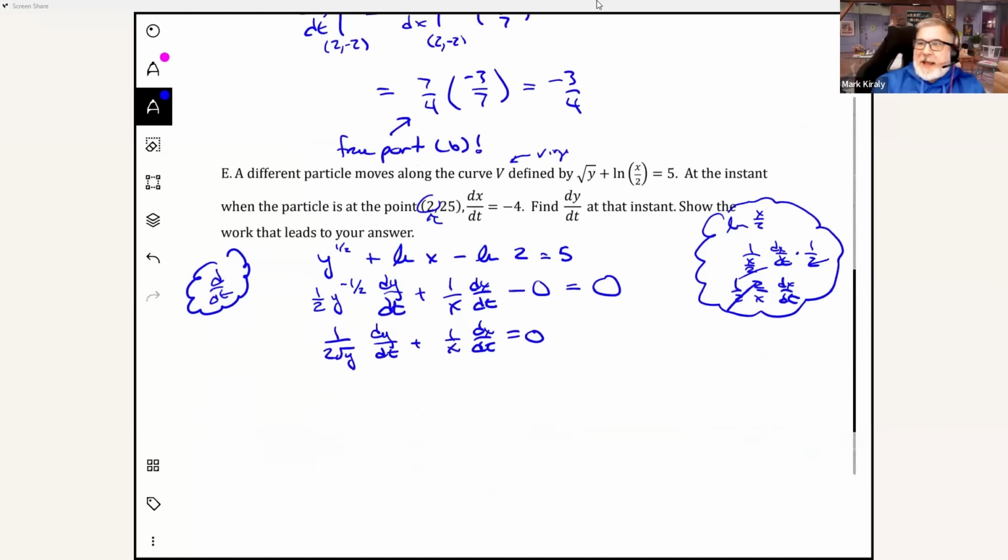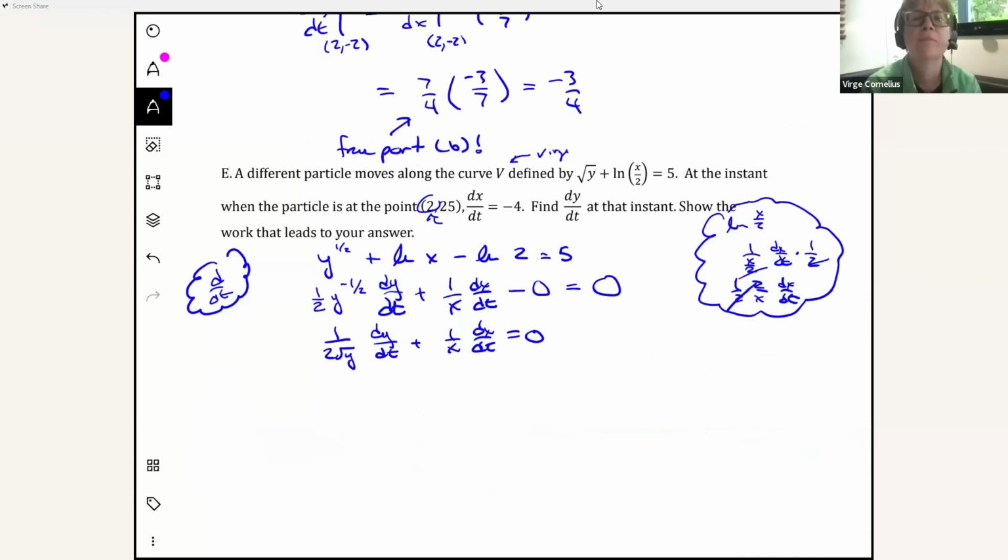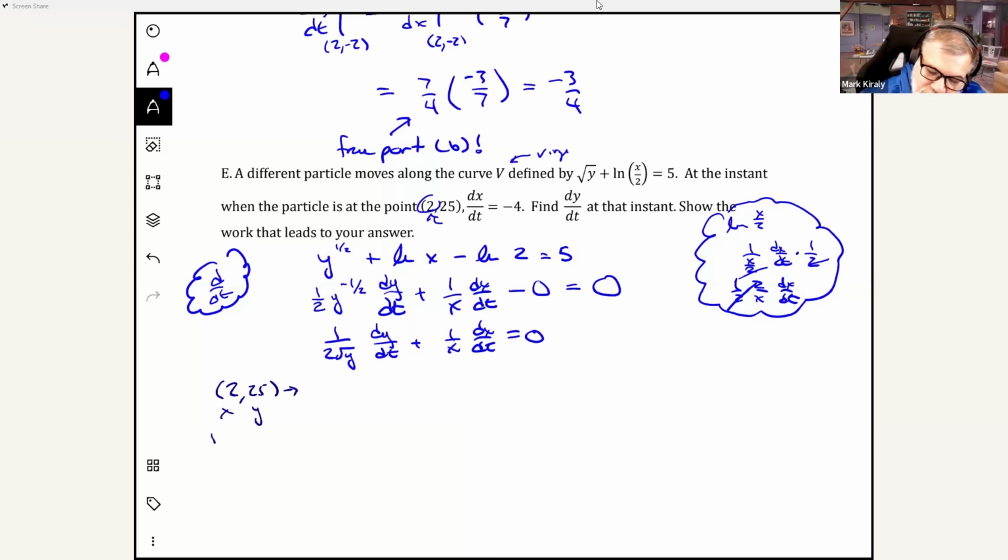All right. While Virge was saying that, I just rewrote my 1/2 exponent as a square root. Because it's negative, I had to join that 2 in the denominator, just because I know I'm about to plug in some numbers and I thought it'd be easier with a radical. And so now we're going to do this: x is 2 and y is 25. I know that dx/dt is negative 4. None of that has to be written, but I think it's sometimes nice to organize yourself.